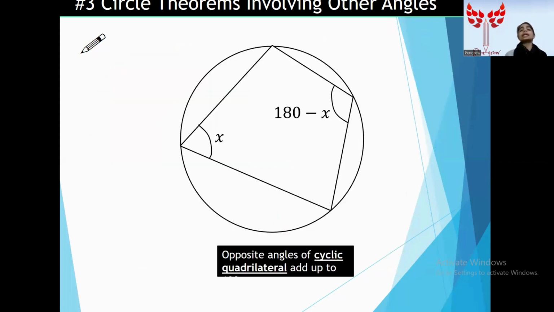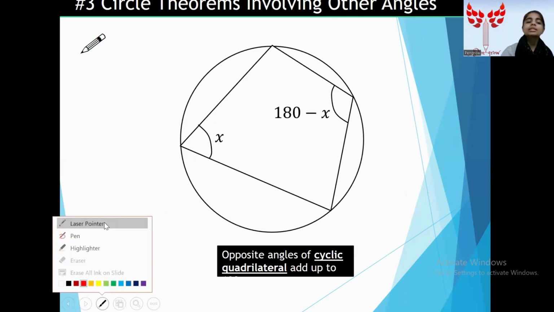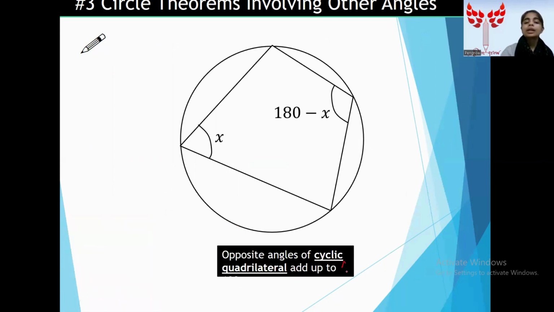Now, we will look at the next property, which is the property of cyclic quadrilateral. Now, the first thing, why are we calling it a cyclic quadrilateral? The reason being that it is not only a quadrilateral, it is a special kind of quadrilateral because all the points of this quadrilateral, they should touch the circumference.